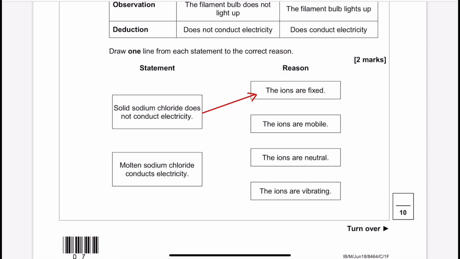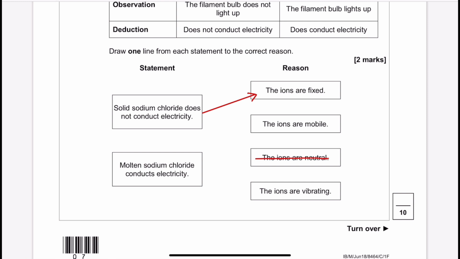Molten sodium chloride conducts electricity. The three options are given here. The ions are mobile, the ions are neutral, the ions are vibrating. The ions are neutral, it is not possible. In molten sodium chloride, the ions are vibrating?